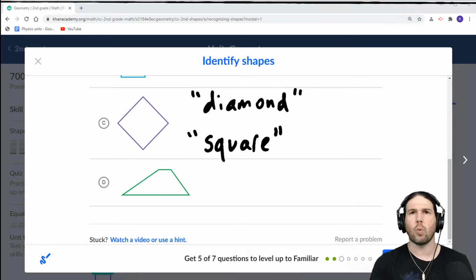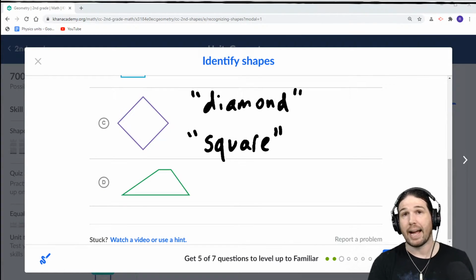Wait, if it's a square, how can it also be a rectangle? And the answer is to go outside and look at a bird and say, that's a blue jay. It's also a bird. It's also whatever Latin name it has for scientists when they're trying to keep track of everything. One thing can have a lot of different names depending on how you're looking at it.